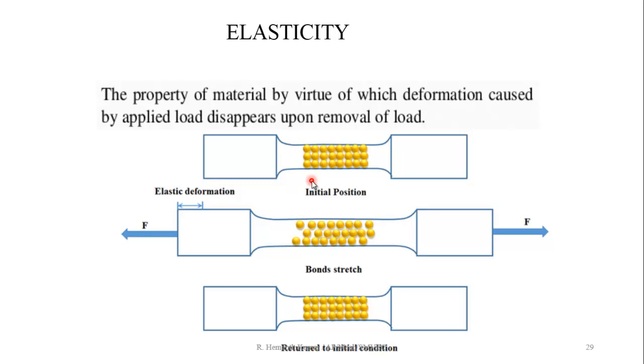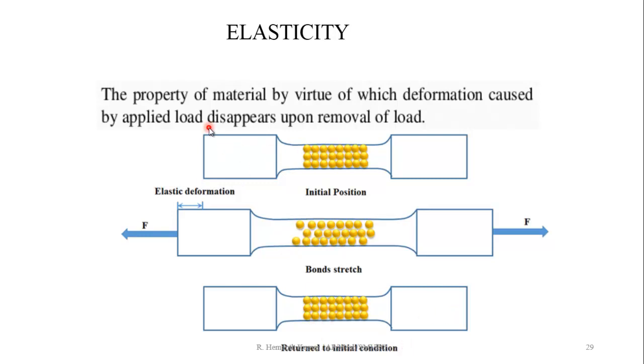If you apply any load, this slide shows a tensile load acting on a specimen. Initially the central area, the material is arranged like this. When the load is applied, it will stretch, bonds will undergo changes, and the material will elastically extend. Then when we stop applying the load, it will come back to its original position or original dimension. That is nothing but returning to initial condition.